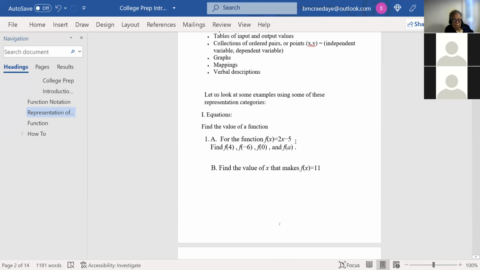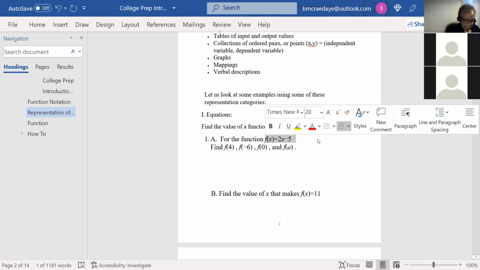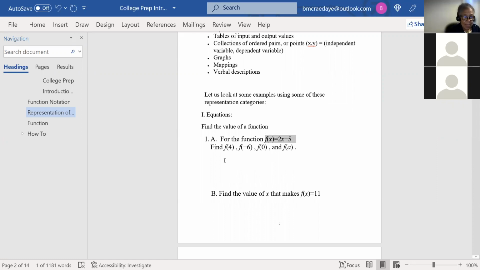Now, we just did one though, and based on what we just did, see if you can find f of 4. Okay, here's the function. I want you to do this one. Tell me your answer. F of x is equal to 2x minus 5.